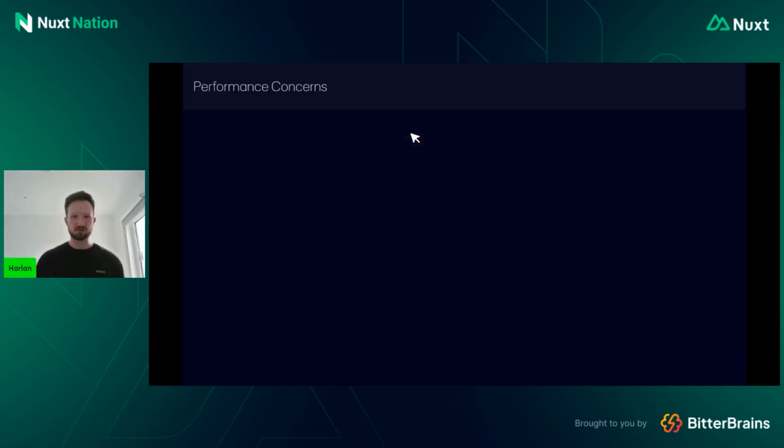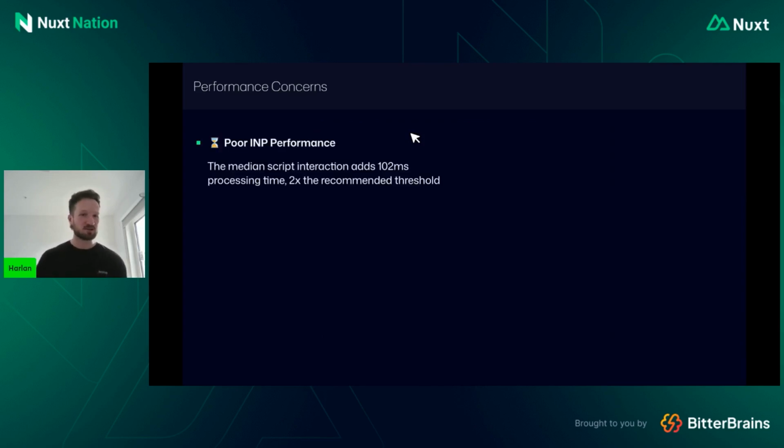So, performance concerns. Obviously, third-party scripts are bad for performance. We know this. So generally, your INP scores are going to get hurt. If you're using any scripts like Hotjar, Clarity, things that are tracking the entire user session, it's not good.